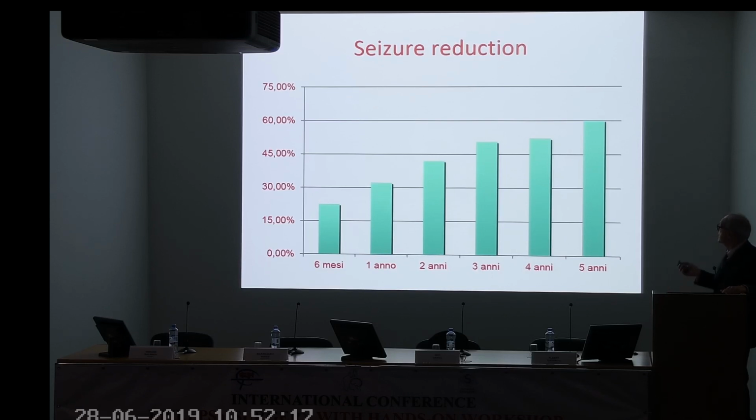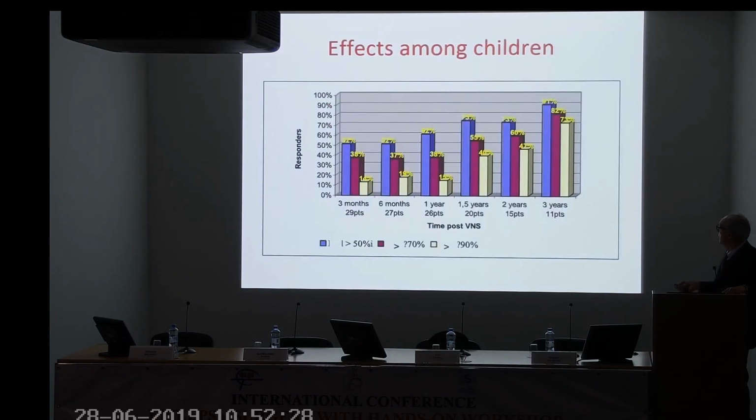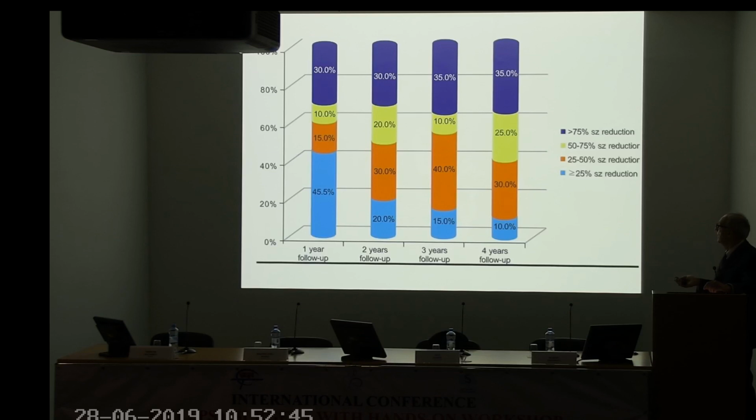And this is just the number of seizures, not the total cost of seizure. That is another point, and it is, as I told, even more important. And if you treat a population of children, it's even much better, because the children are more responsive to this kind of therapy. And after 3 years, you have around 91% that has had a significant reduction of seizures.